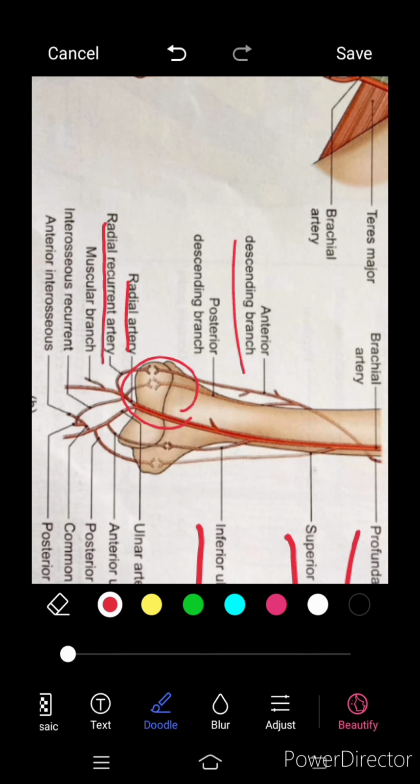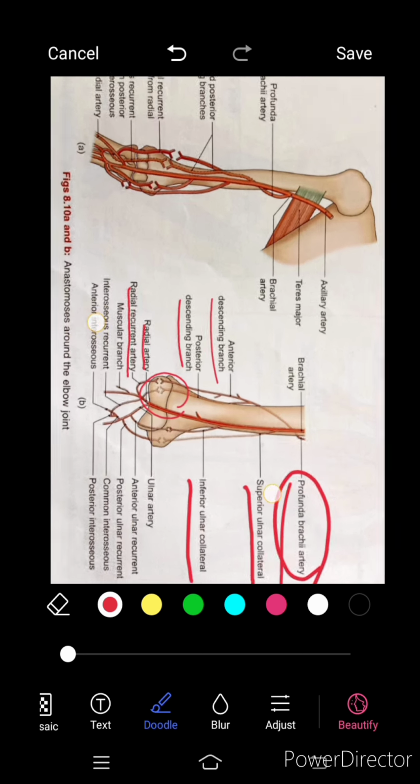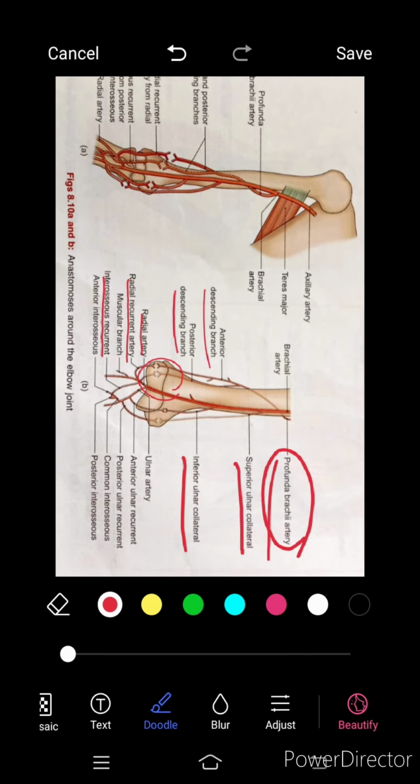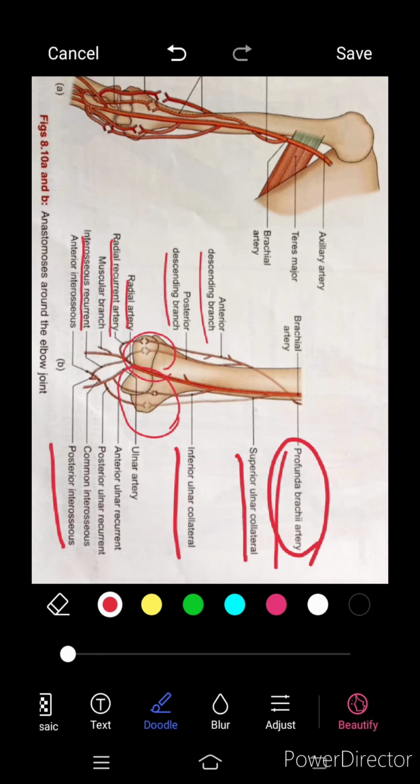And behind the lateral epicondyle of the humerus, the posterior descending branch of the profunda brachii artery, anastomosis with the interosseous recurrent branch of the posterior interosseous artery, and in front of the medial epicondyle of the humerus, the inferior ulnar collateral branch of the brachial artery, anastomosis with the anterior ulnar recurrent branch of the ulnar artery.